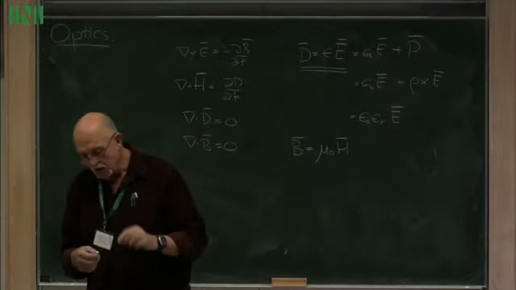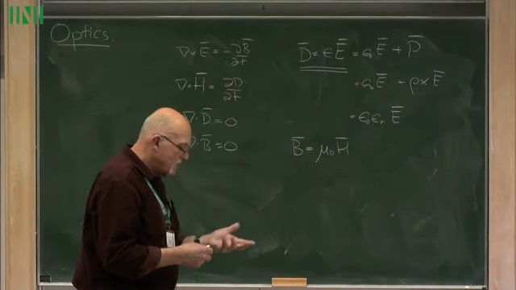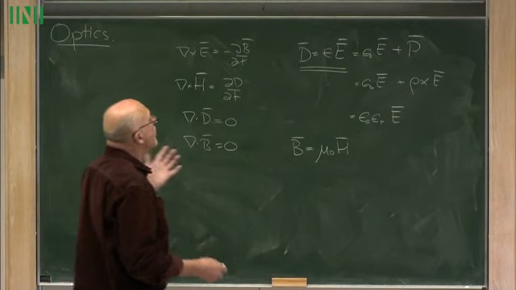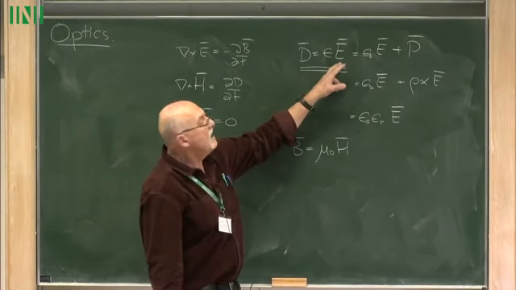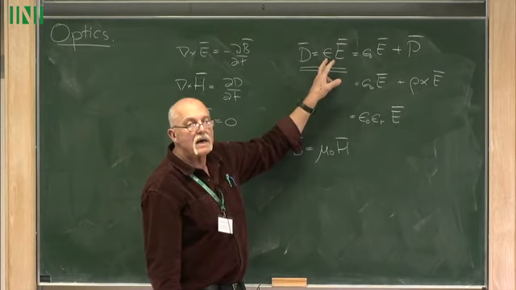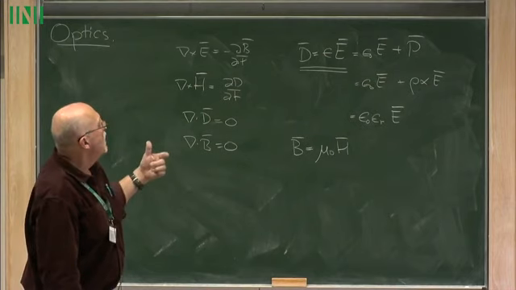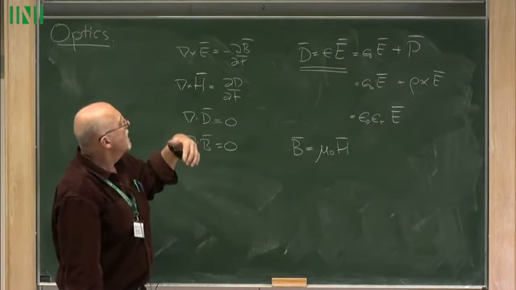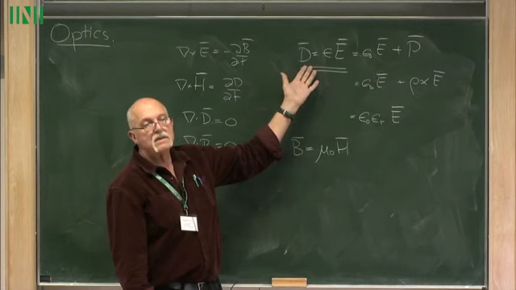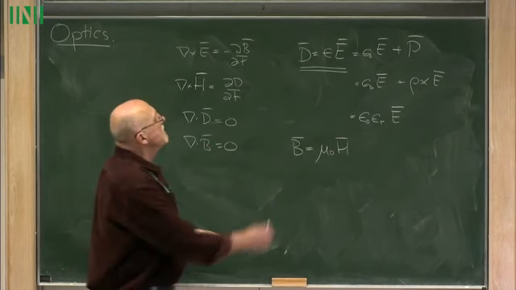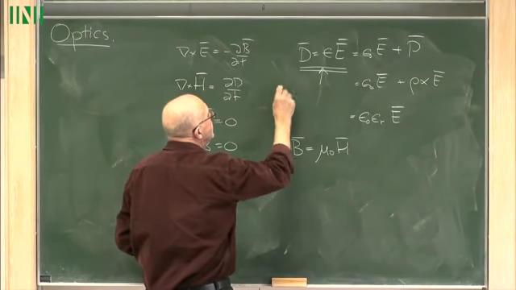If I look at the system carefully and realize that it's a linear system, then I can use a Green's function to write D in terms of E and time and epsilon and time. And because it's a Green's function, I can take the Fourier transform and end up with this form of the constitutive equation. So whenever you see this type of thing in a linear system, then this must be in Fourier space.